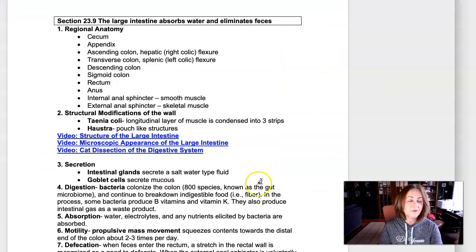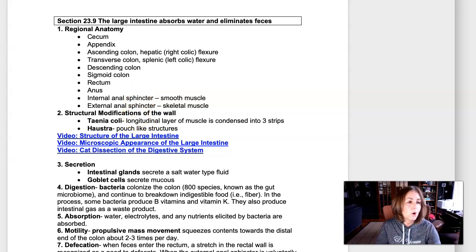If I jump back over to the notes, basically I just listed these. So let's see, we looked at these: the cecum, the appendix, the ascending colon, moving into the hepatic flexure, transverse colon, splenic flexure to the descending colon, sigmoid. Yep, okay, so the anal sphincters, I'll show you those in a few minutes. Okay, so we'll put those on hold.